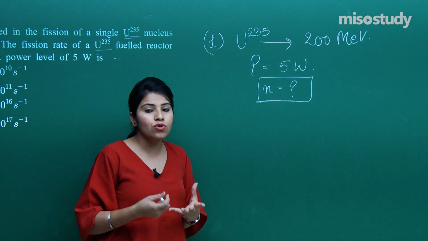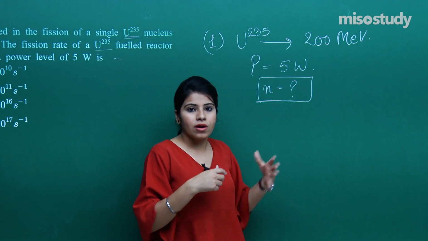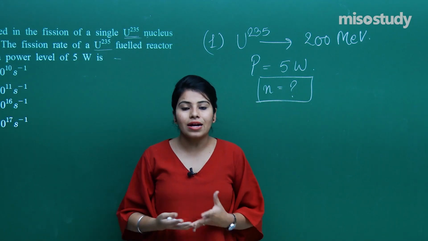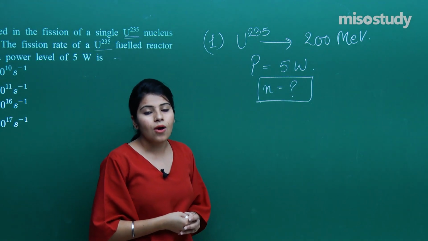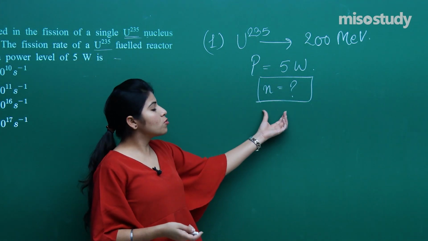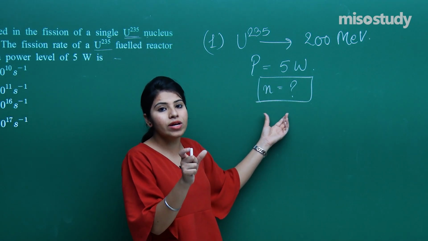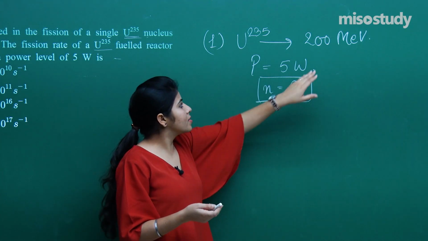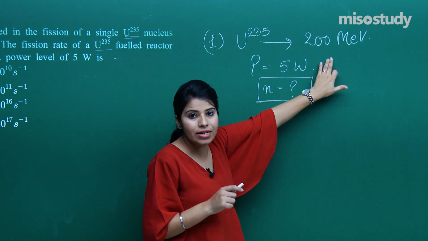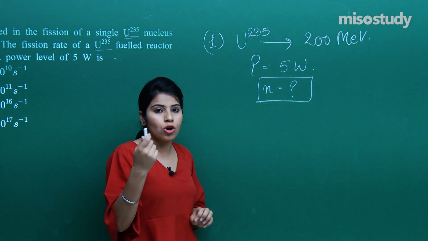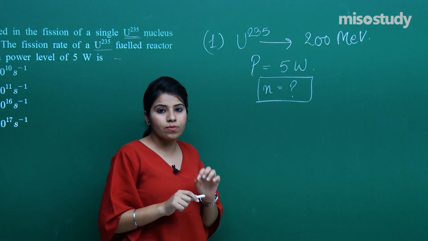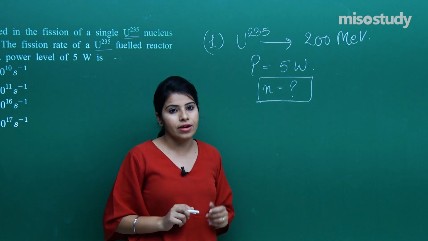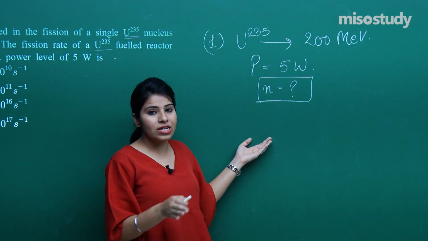Now to find the number of fissions taking place, the fission rate, we multiply the number of nuclei undergoing fission by this energy. That means the total energy will equal your power. From this formula you can find your N. Definitely we are going to proceed in the same way.